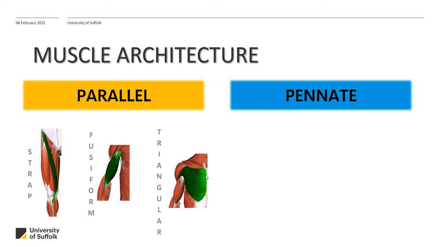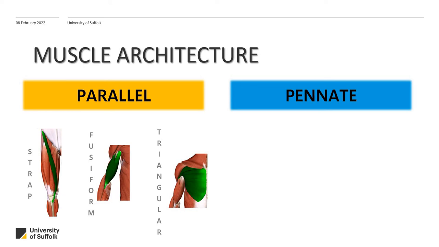And I'm sure you can tell just by looking at the muscle why it's known as a triangular muscle. So at the origin, the fibers are distributed very widely, and they tighten up and get closer together as they reach the insertion.